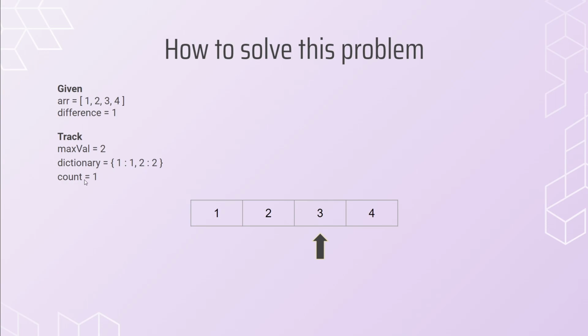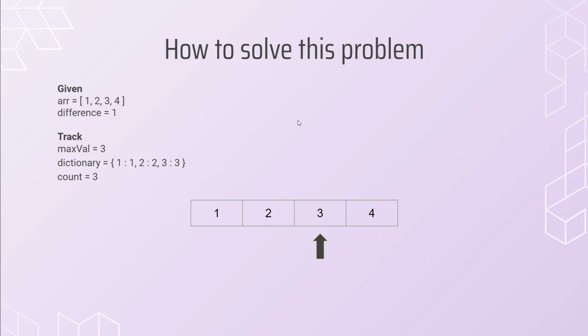So we do 1 plus the value at that specific key, which is 2, and 1 plus 2 is 3. So our count becomes 3. Then you update the dictionary with the count you just generated, so our dictionary at key 3 is equal to 3. Last, we want to compare the max value, which is 2, with the value in the dictionary. We notice that 3 is larger, so we update our max value to be 3.